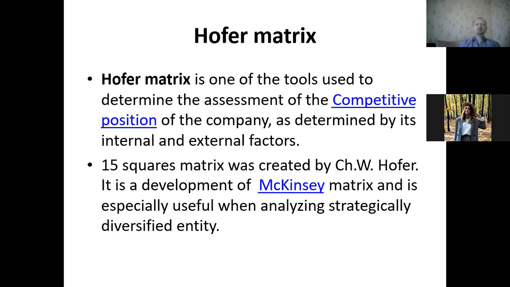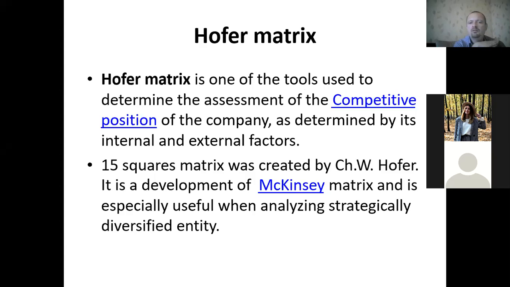So, generally, the idea of the Hofer matrix was to prepare the next generation of the McKinsey matrix or General Electric matrix by mixing one dimension of the McKinsey matrix into one dimension of the Hofer matrix, because he found that it would be rather difficult to prepare a three-dimensional model.